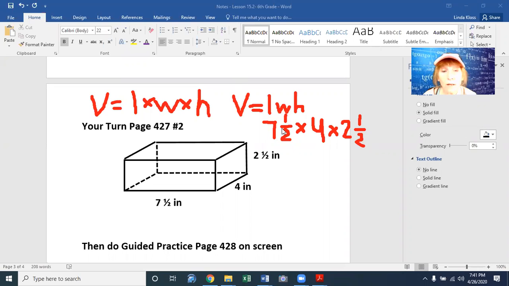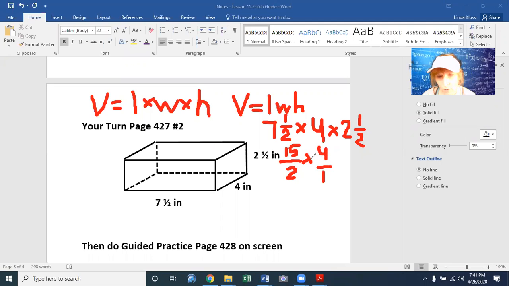That's 15 halves. We're going to rewrite it like that. 15 halves. And for those of you who like decimals, you're welcome to put it as 7.5 if you prefer. And then it's times 4, and I'm going to make it times 4 over 1 because we're talking about fractions.